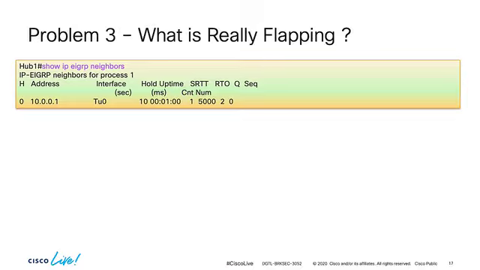In this particular case study, we were using EIGRP as the routing protocol. So if we were to use the show IP EIGRP neighbors and take a look at the neighbors, what is important here is we see the queue count is set to 5,000.